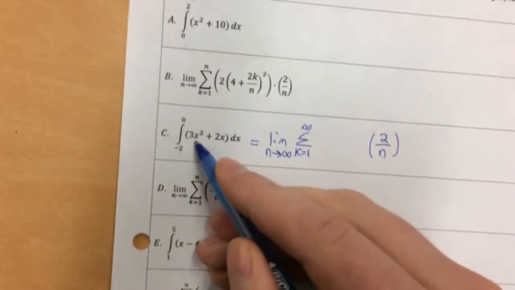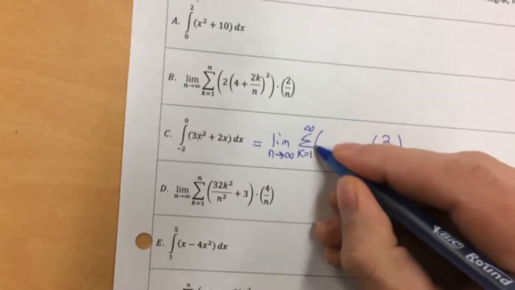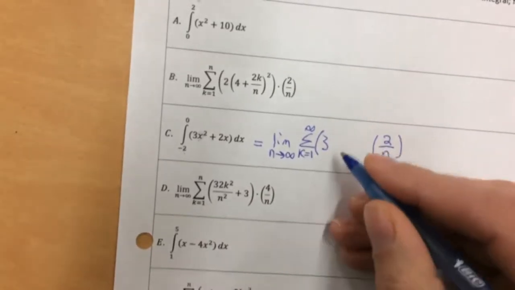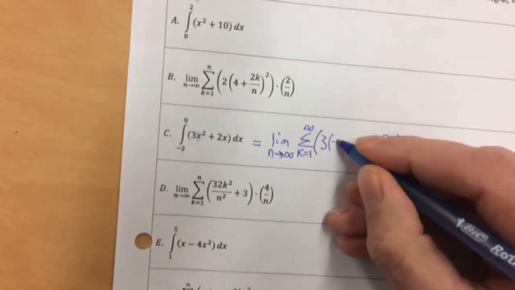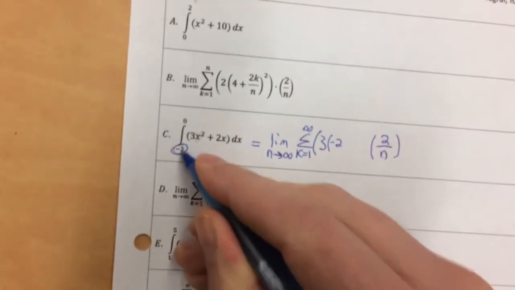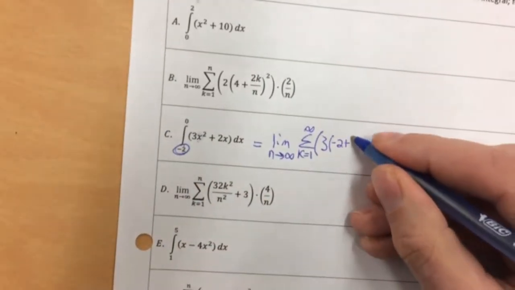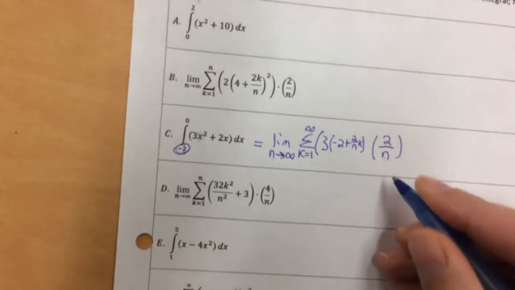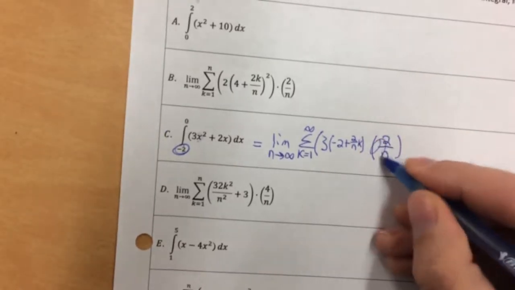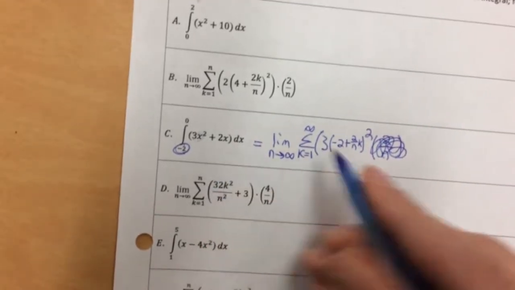Now we're going to have to do f of. The length is going to be 3 times our x, where x is -2, because that's where the integral starts, plus our width of a rectangle times k. I should have left myself more room here. I apologize, I'm going to have to scratch this out. This is squared because it's 3x squared.